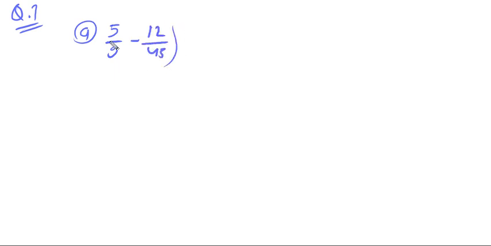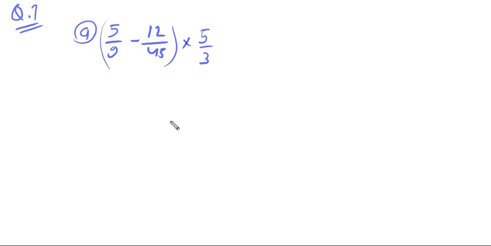Now question number 7. Part A: 5 by 9 minus 12 upon 45, into 5 upon 3, right?